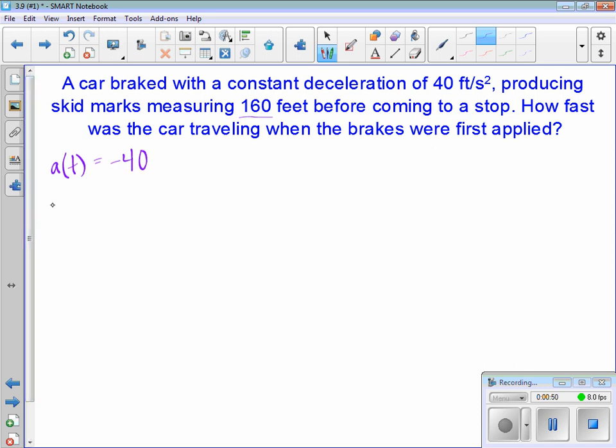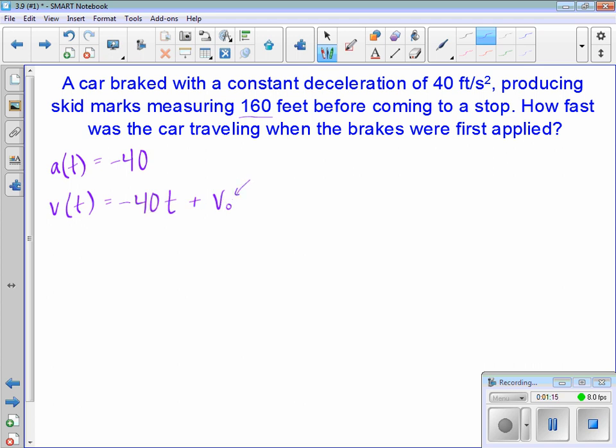Take the antiderivative, right? So if I take the antiderivative of negative 40, what do I get? Negative 40t plus some constant, right? You can put plus c, that's fine. I'm going to put plus v naught because that's what you would see in a physics type problem.